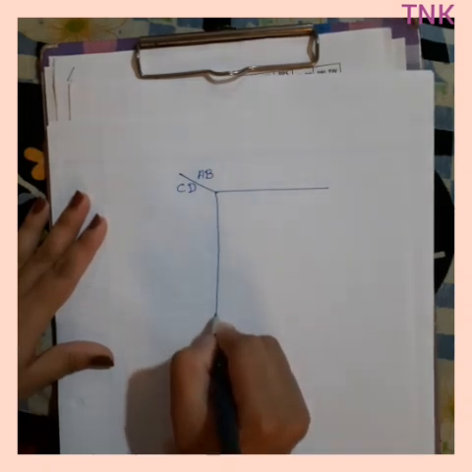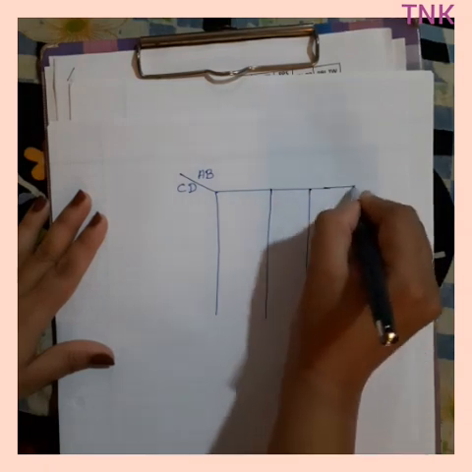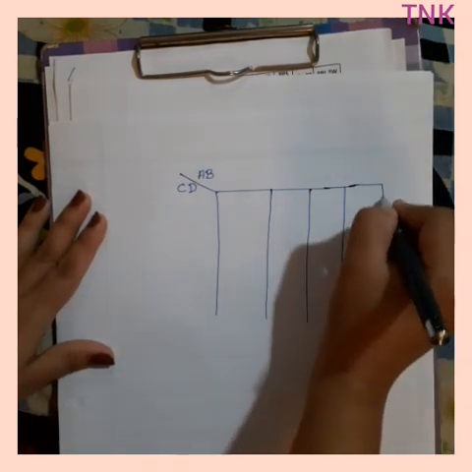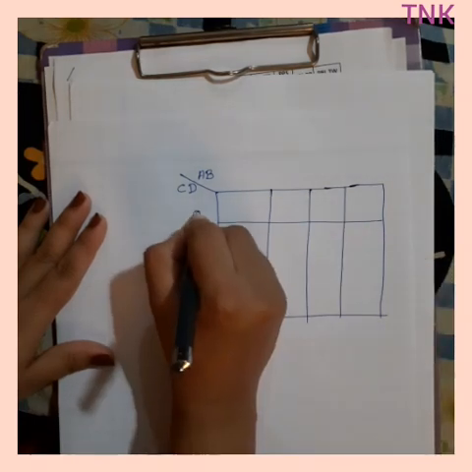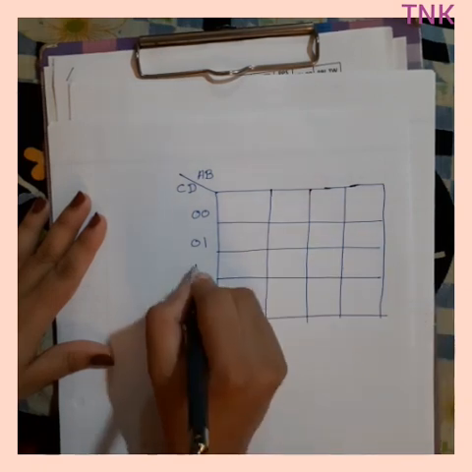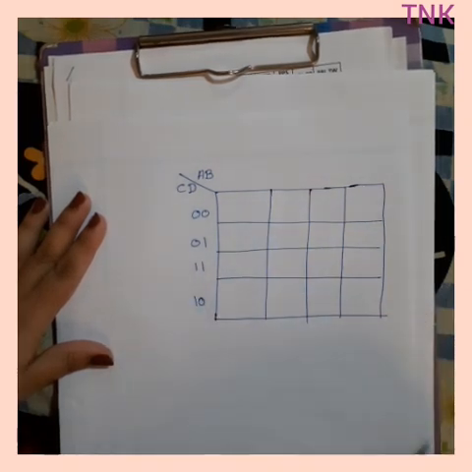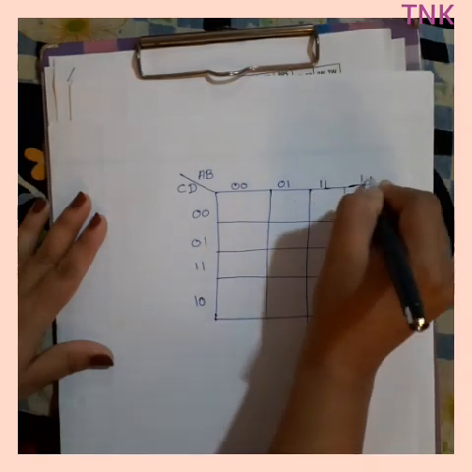There will be 16 cells. Possible values are 0 0, 0 1, 1 1, 1 0 on both sides.